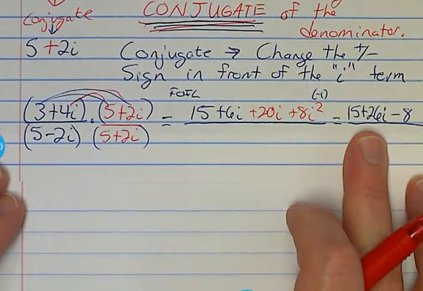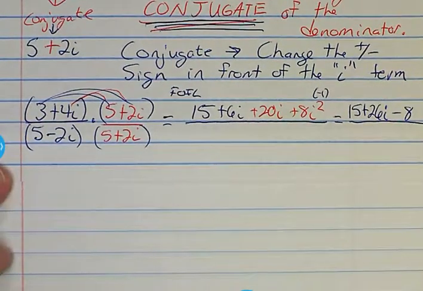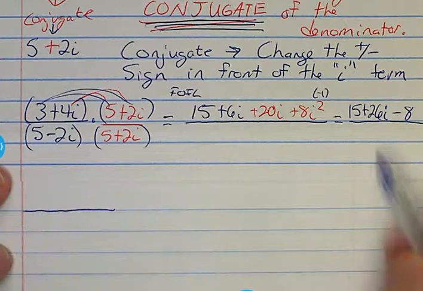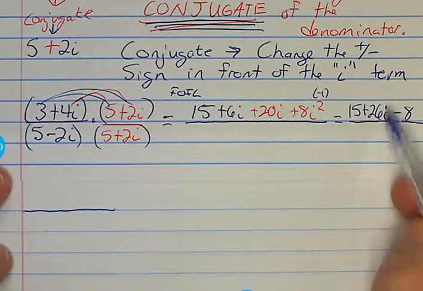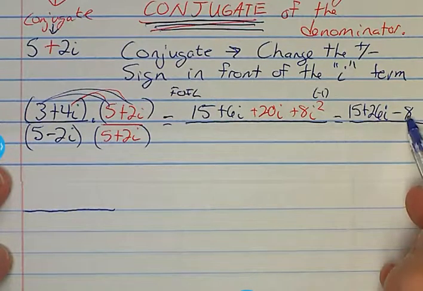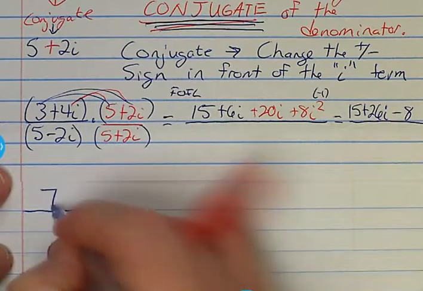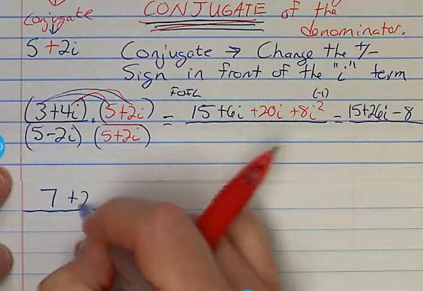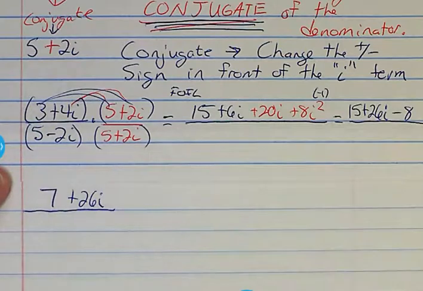Alright, so finishing out the top part. We've got 15 plus 26i, so the I stands by itself. You've got 15 minus 8, so that's 7, plus 26i.